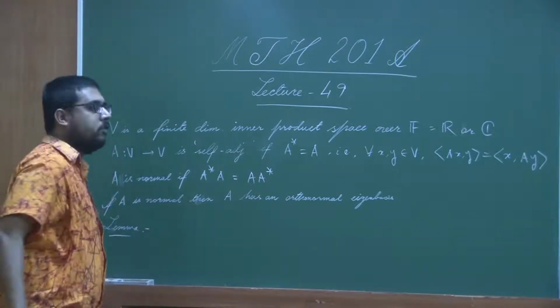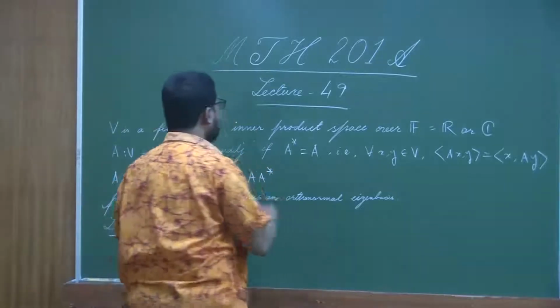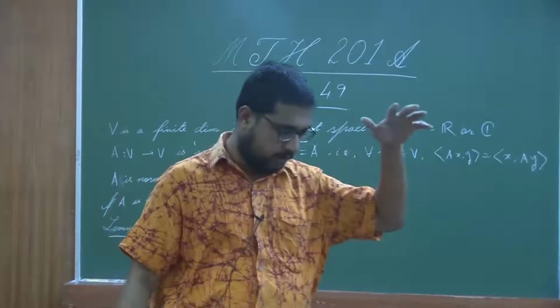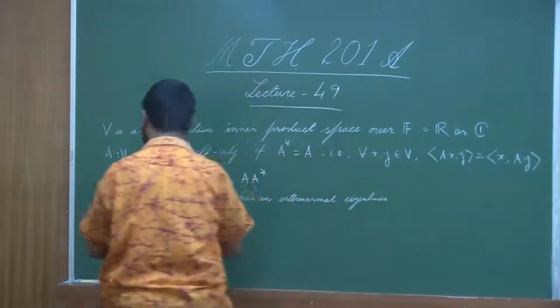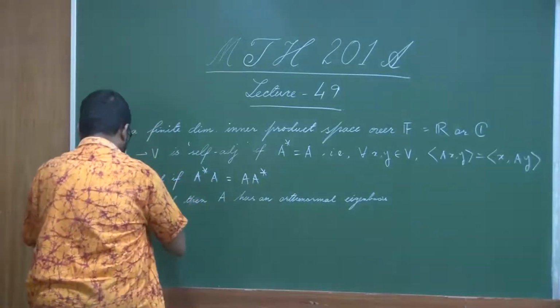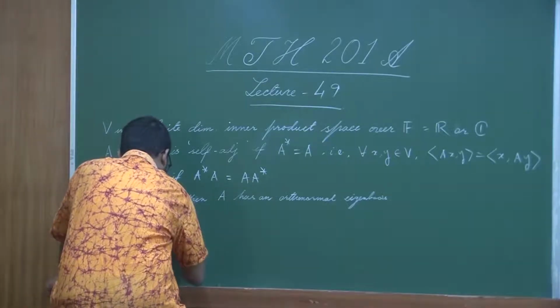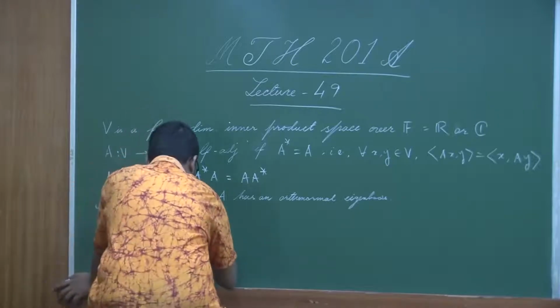Though this lemma is not required to define unitary operators, the properties which will be equivalent to the definition of a unitary map may need this, therefore it is better to prove it in the beginning. So, as usual, suppose A is self adjoint.